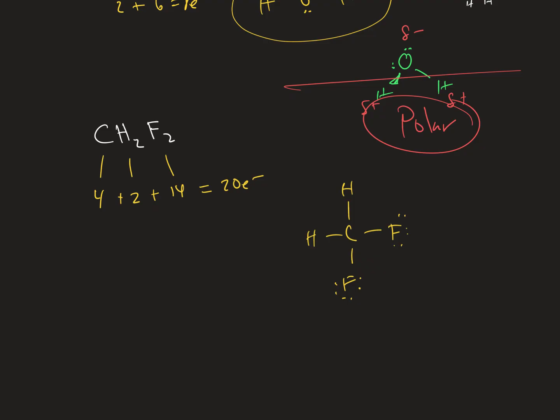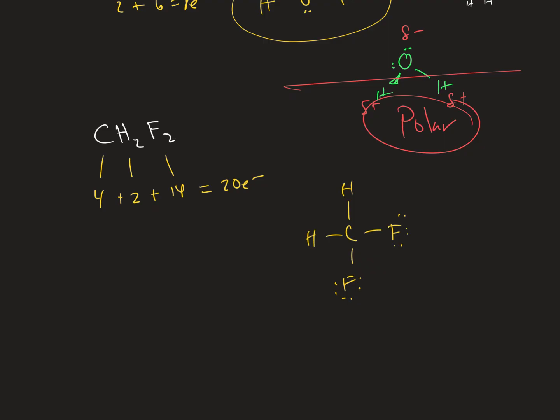Is this a fully symmetric molecule? No, because these are different than those. If you want, we can stop right there and say this is what? A polar molecule or a nonpolar molecule? If you don't know, then don't skip the steps. If it's not symmetrical, it is polar.